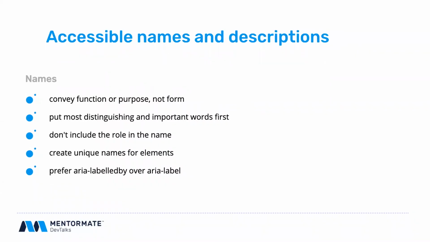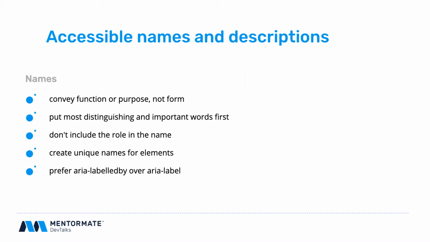Let's talk about accessible names and descriptions, and after that, I'll show you the demo. For what goes into accessible names and descriptions, well, names have to convey function or purpose. They also should have the most distinguishing and important words first.